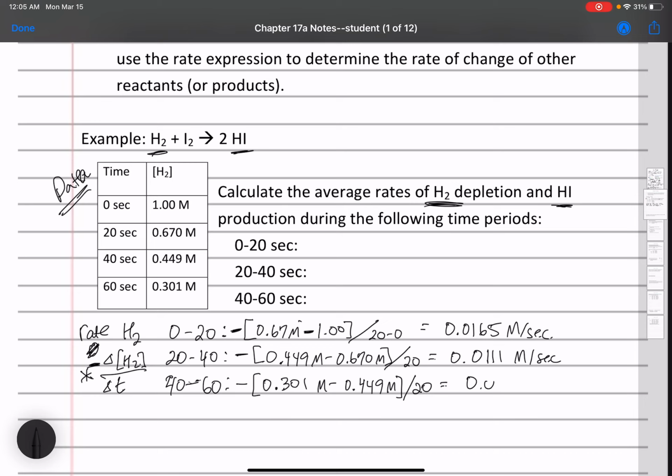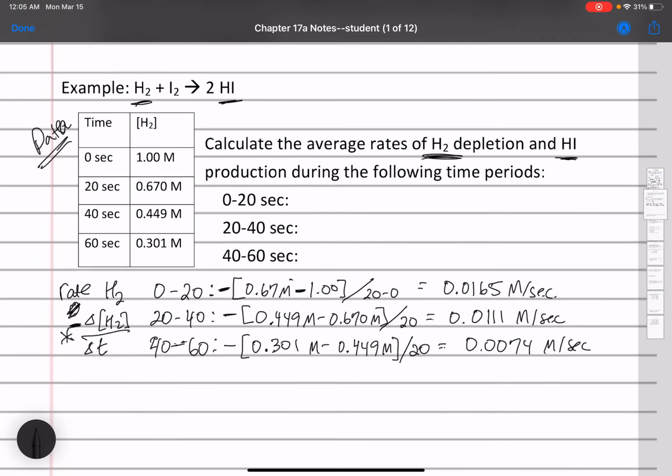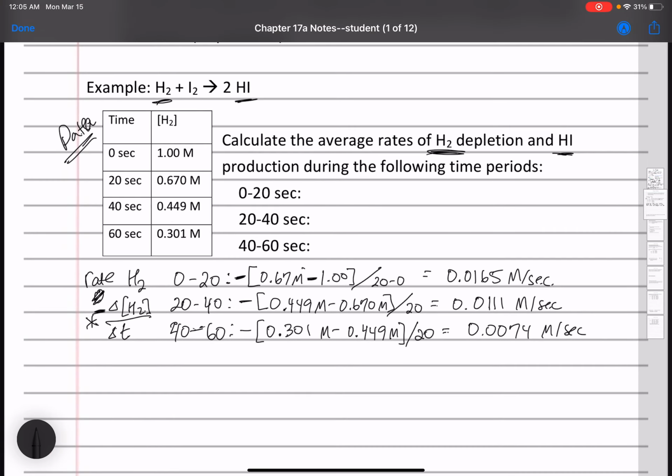And we do the math and we get 0.0074 molarity per second. All right, so that is the rate of the decline or depletion of the H2 at each of those time points. And we can see it's slowing down as the reaction progresses. So, rate slows over time.